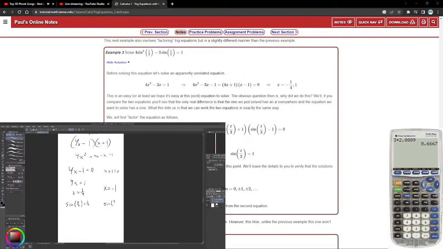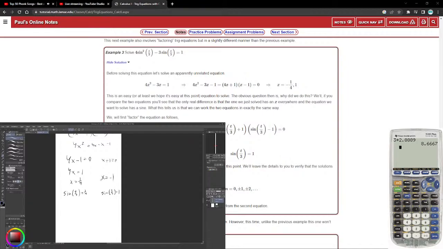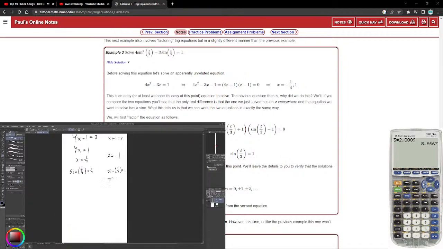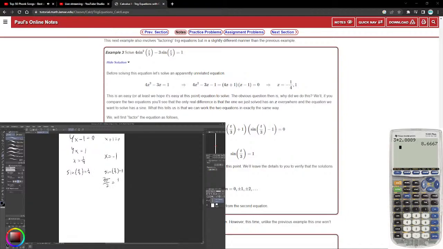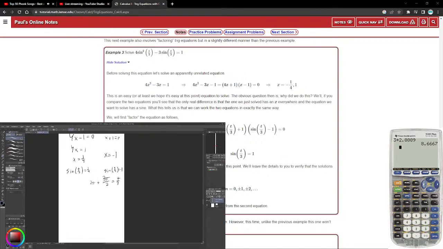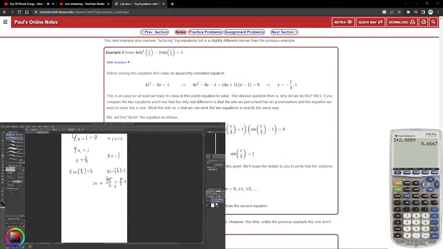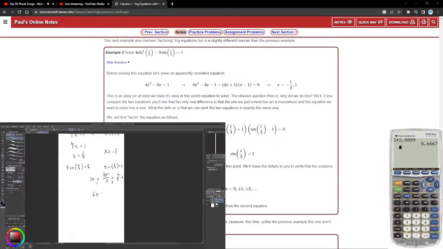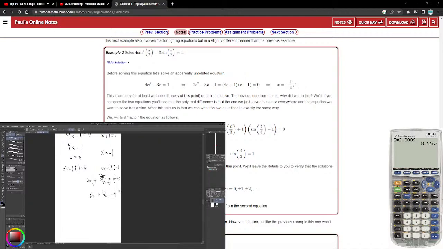Sine t over 3 equals -1. -1 can still only be one thing, so we got 3 pi over 2 equals t over 3. I skipped a step, but it's fine. Plus 2 pi. So multiply by 3. 6 pi plus 9 pi over 2 equals t.